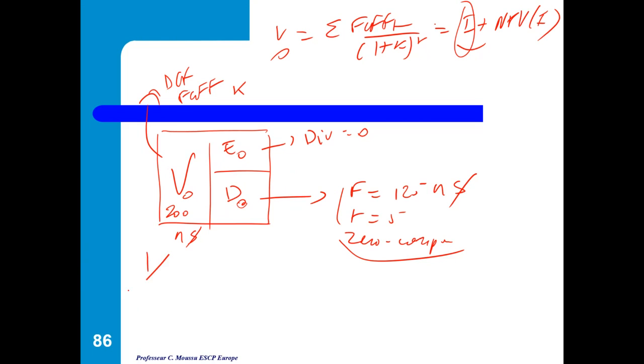The first thing that we want to do using options is to understand that behind the value of equity and behind the value of leverage, you have options. That is to say, E0 is like an option on the value of the firm.